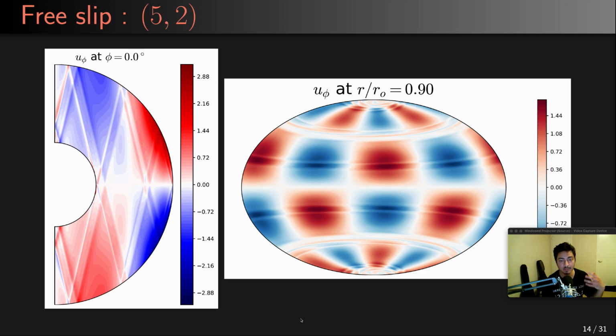So the problem in general is mathematically ill-posed, and these are places of singularity. And in the presence of viscosity, they can't be singular anymore, so they form these internal free shear layers. And you can see their signature on a surface map as well.